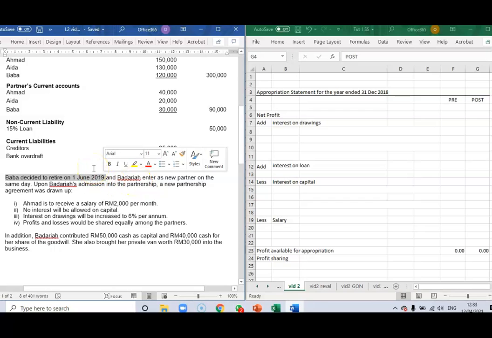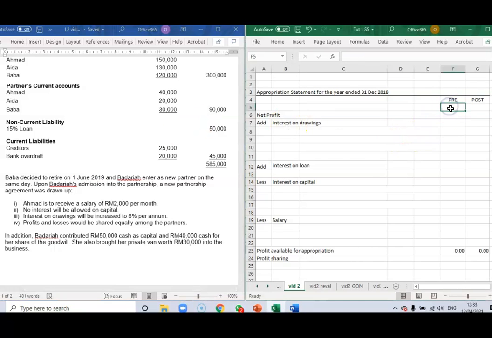So the appropriation statement valid for pre, before the change, is from January to May: January, February, March, April, May. So 5 months before the change. The 1st of June is already changed. So your pre is 5 months, so 5 over 12.